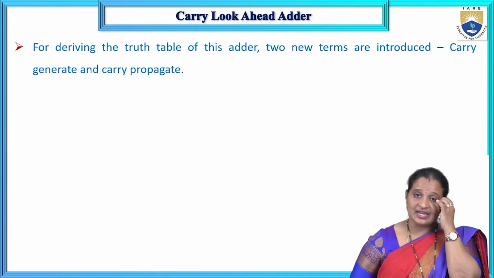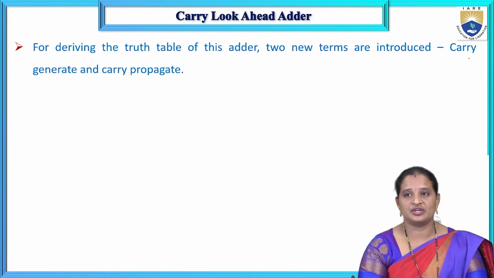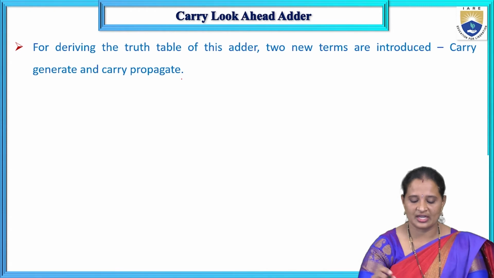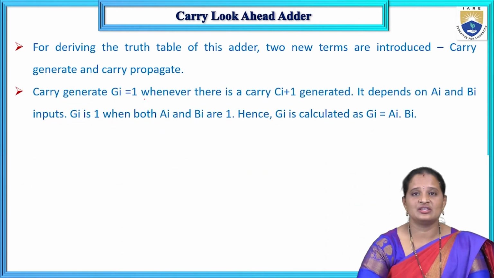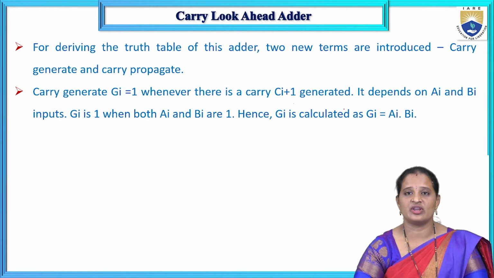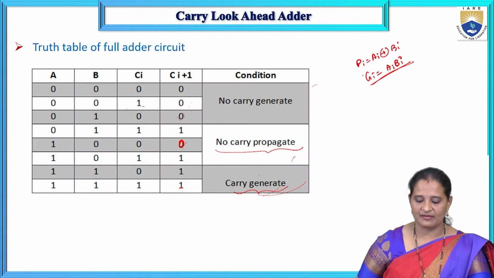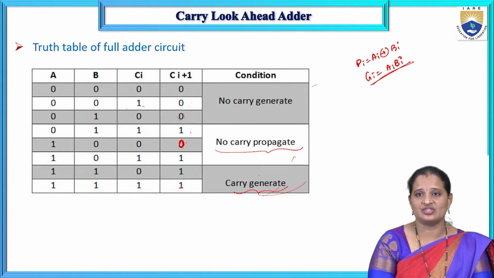Now for deriving the truth table of this adder, two new terms are introduced, that is carry generate and carry propagate. The carry generate Gi is 1 whenever a carry Ci+1 is generated. So wherever there is a carry generated at Ci+1, then there exists a carry generate.